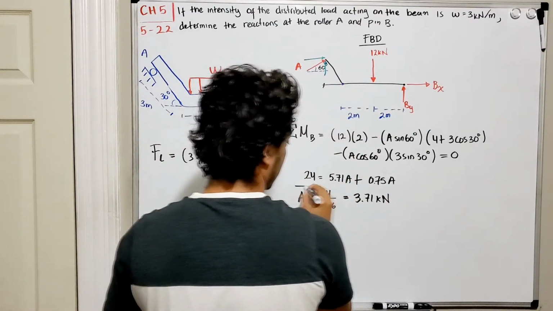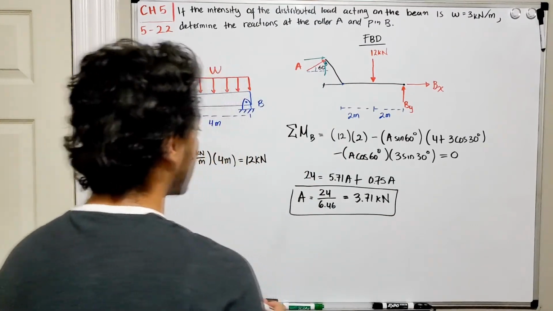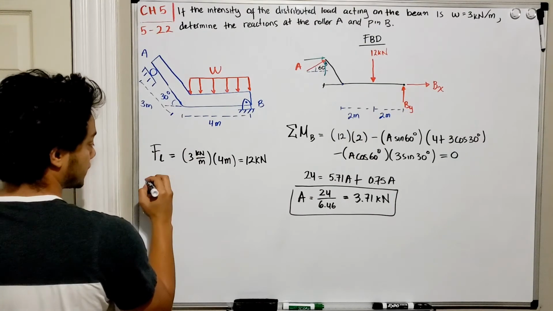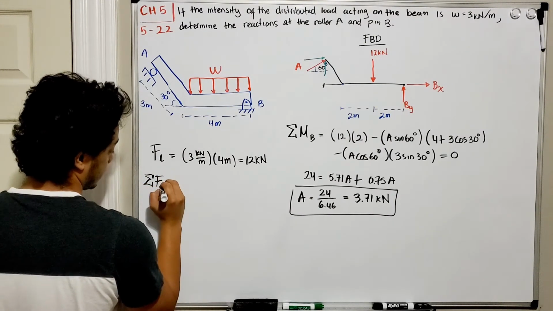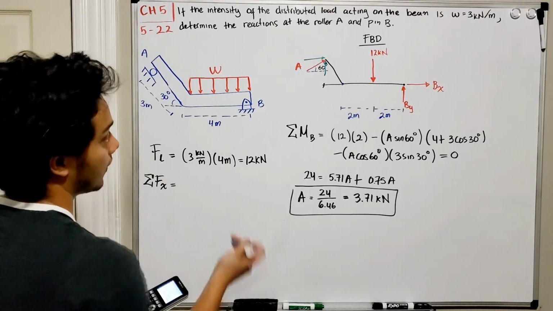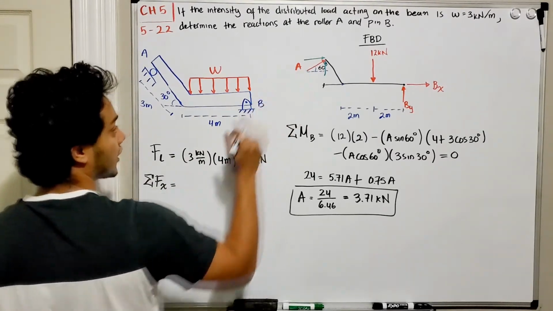Okay, so we found A. Good. Now we need to find Bx and By. So for those ones, we're going to do the summation of forces in the x direction. Okay. Now what do I have in the x direction? Well, I'll have A, the component of A in the x direction.